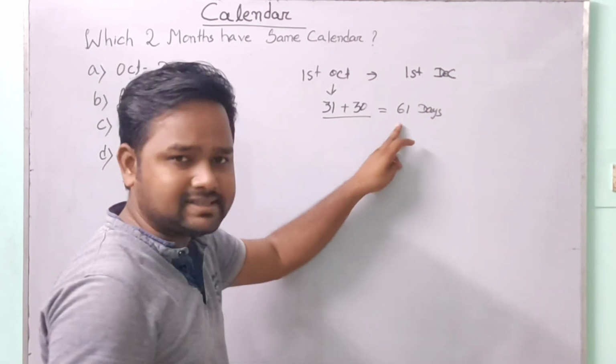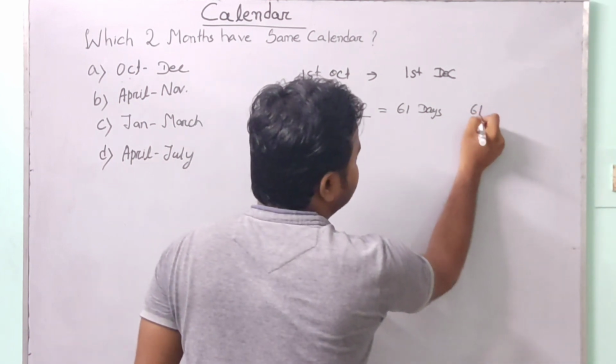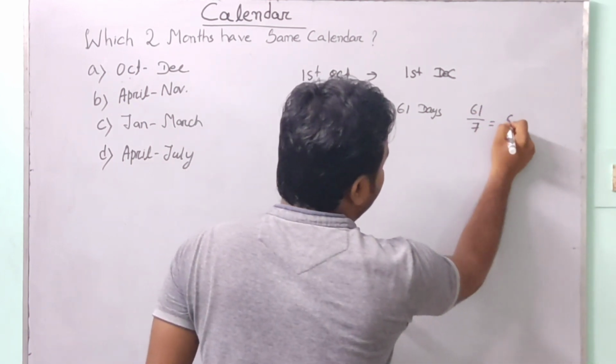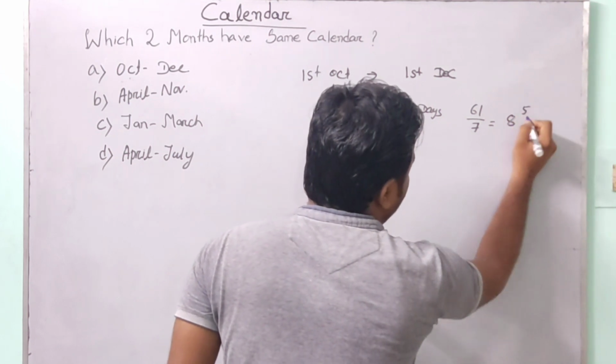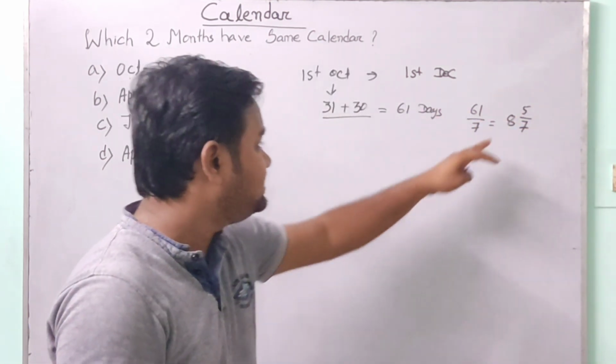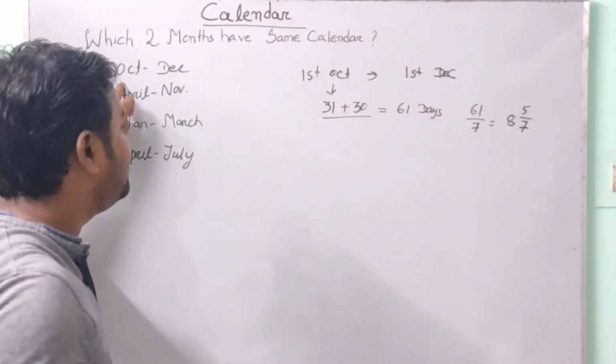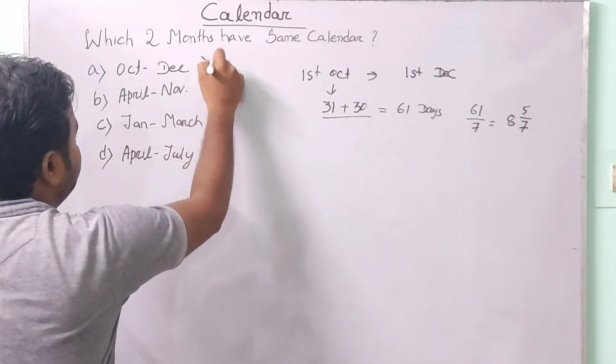This 61 is not divisible by 7, because if I divide 61 by 7, I get 8 whole 5 by 7. Since it is not divisible, these 2 months do not have the same calendar. So this option is wrong.